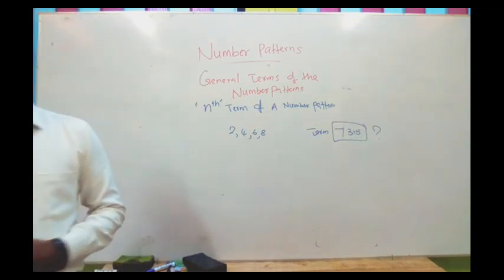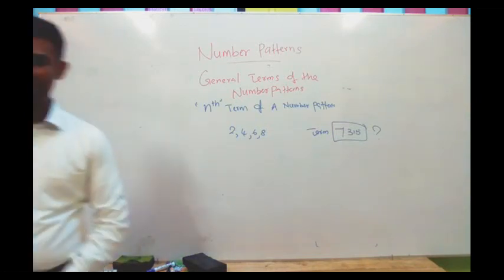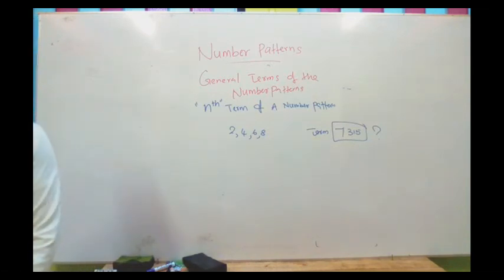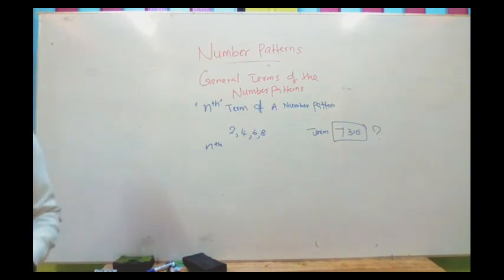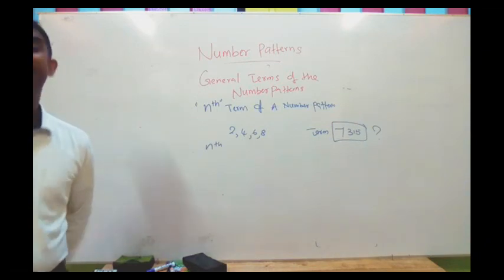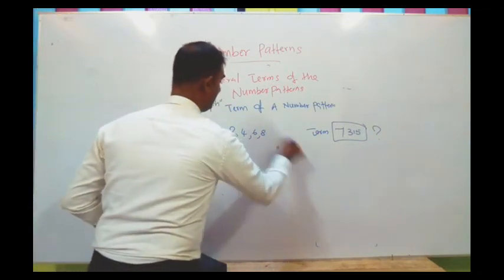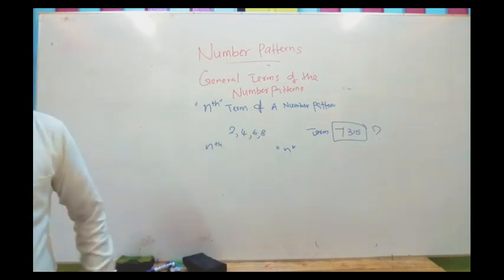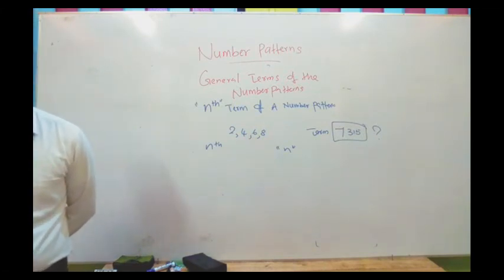When the nth term of a number pattern is written as an algebraic expression in n, simple n, it is called the general term of the number pattern.